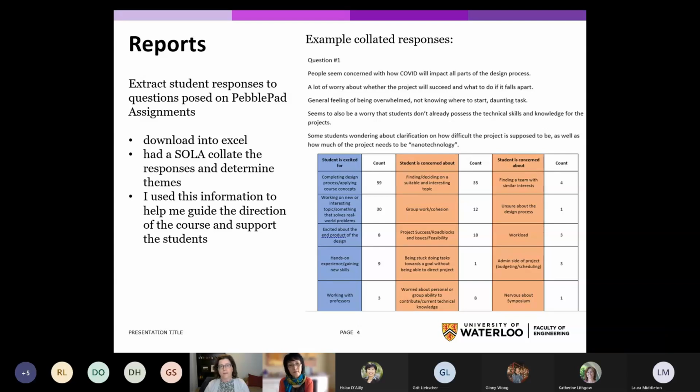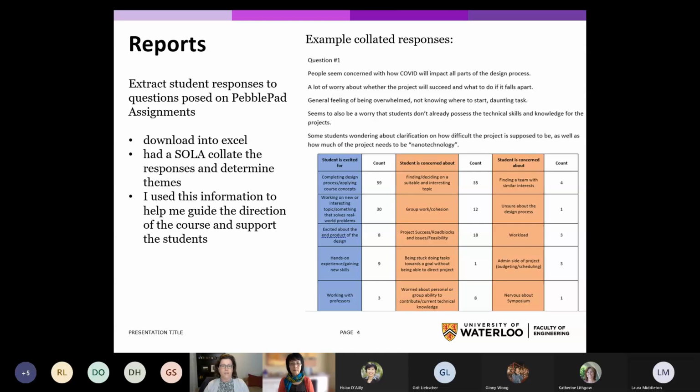You can create a report, and that very first assignment I had them do, I asked questions surrounding their expectations, their worries, concerns, what they thought might be a challenge of doing a design project. And I wanted to do this so that I could understand where they're coming from, their worries, so that I could change my course content up in order to support them, talk more about the things they were worried about, and those types of things.